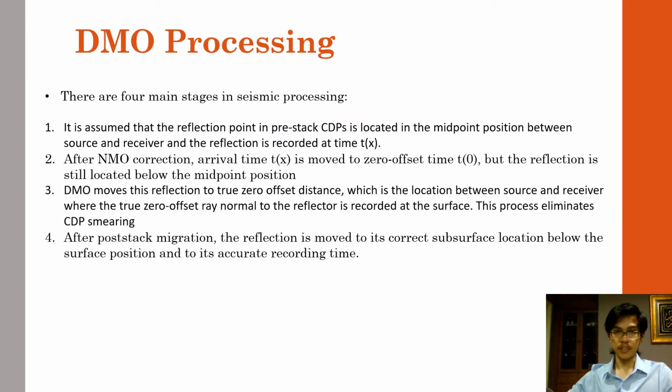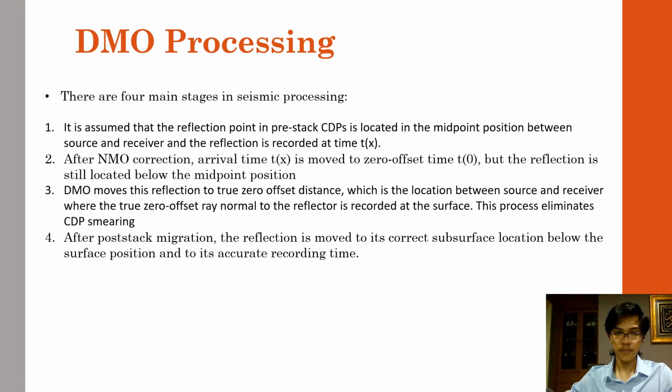In seismic processing, we always assume these four main stages. Number one, it is assumed that the reflection point in pre-stack CDP is located at the midpoint position between source and receiver, and the reflection is recorded at time Tx.